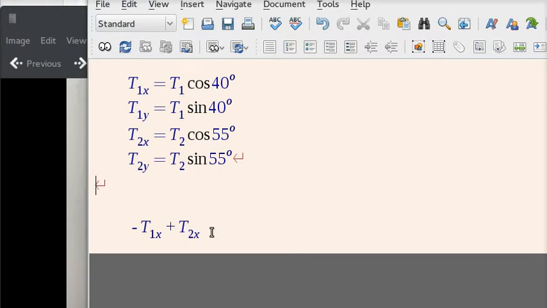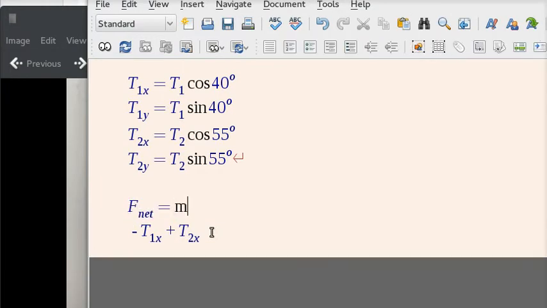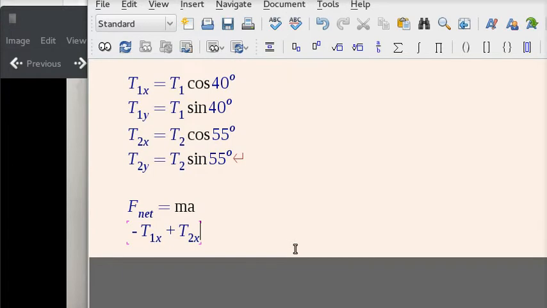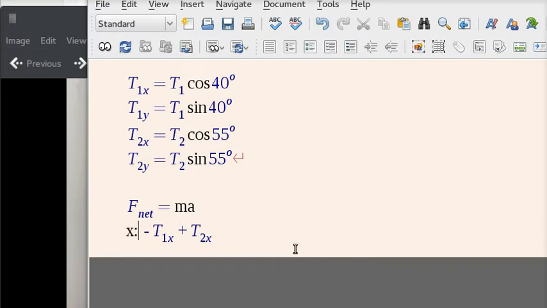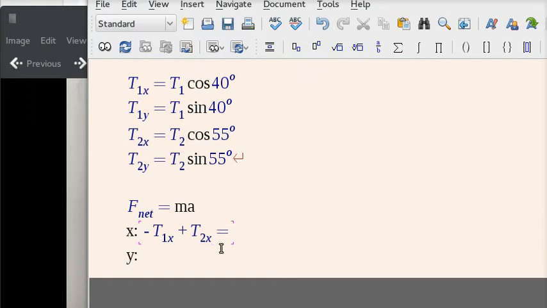This is, by the way, F net equals MA. So there's all the forces in the x direction. I'm going to break it into x direction and then y direction. Oh, by the way, the MA. X direction forces equals 0 because it's not accelerating, it's not moving.